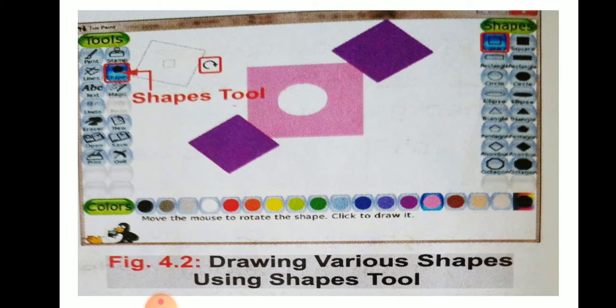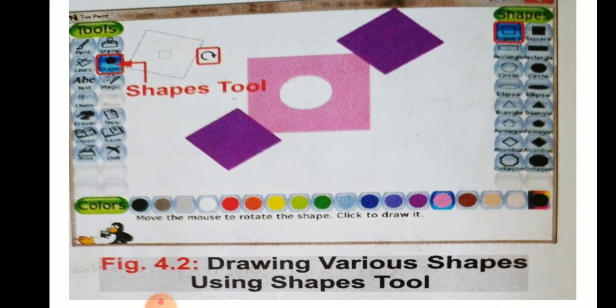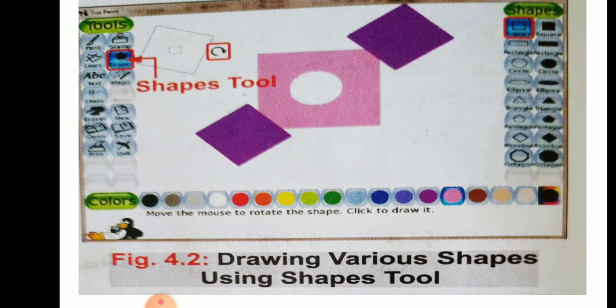Then we bring the mouse pointer to the drawing area and select a point, which acts as the center of the square. Now we click and drag the mouse to choose the desired size, and release the left mouse button when the square is completed.